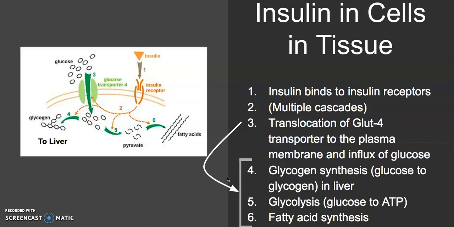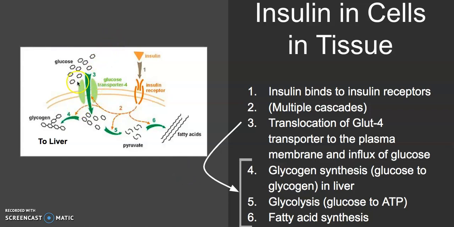If you remember back to our lecture last week, we talked about the different things that insulin does in cells and tissue. There are 3 different things, right? There's glycogen synthesis.